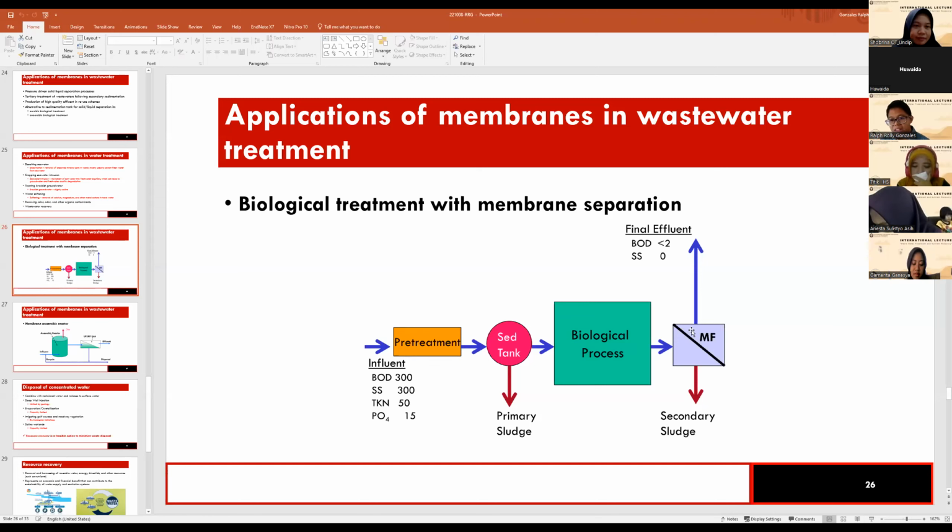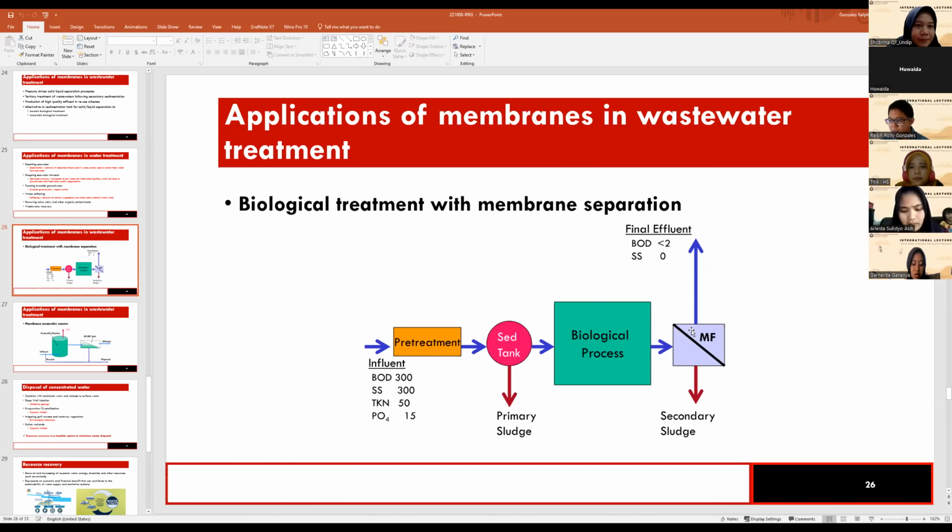Typically for anaerobic processes, we are left with methane and hydrogen, but for aerobic processes, we are usually left with carbon dioxide. So I cannot say which one is better. It depends on what you want to get and what you have to begin with.